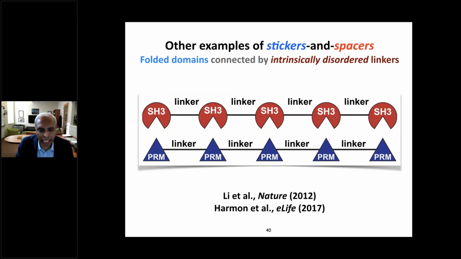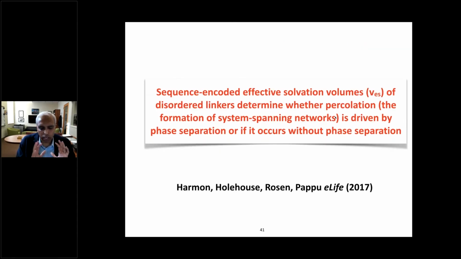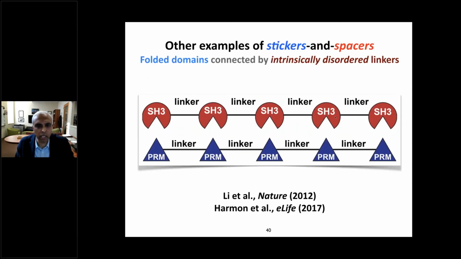I'm showing here the classic example that came from the work of Mike Rosen, where poly-SH3 domains bind to poly-PRMs, where PRMs are proline-rich modules, and then one sees the appearance of spherical condensates. But the key point is that while that work focused beautifully on the effect of valence, namely the number of SH3 domains and the number of PRMs, it didn't necessarily shed light on the impact of the linkers.